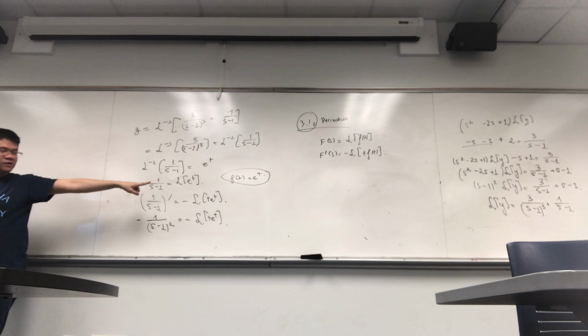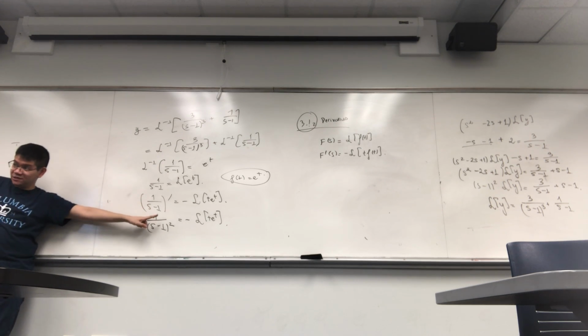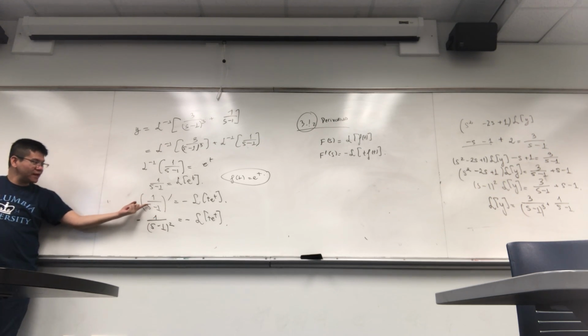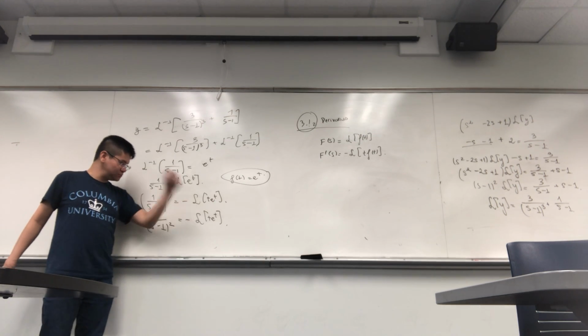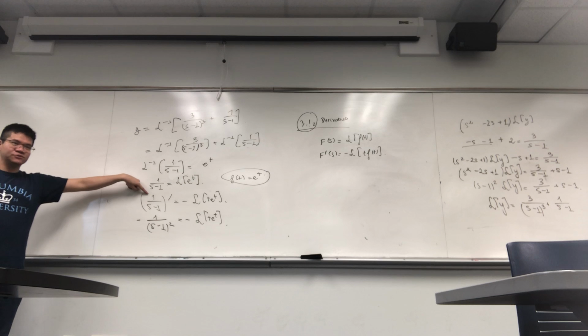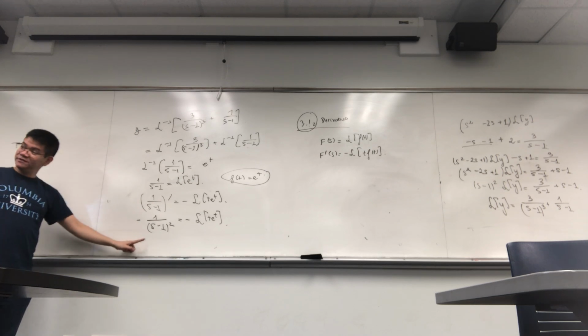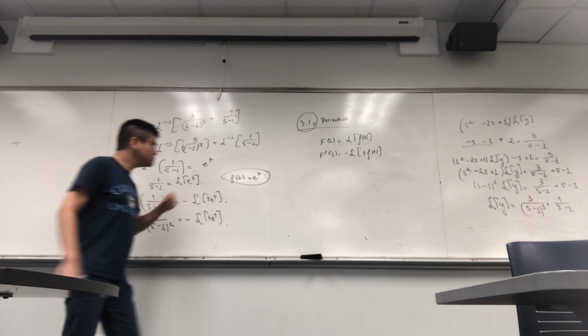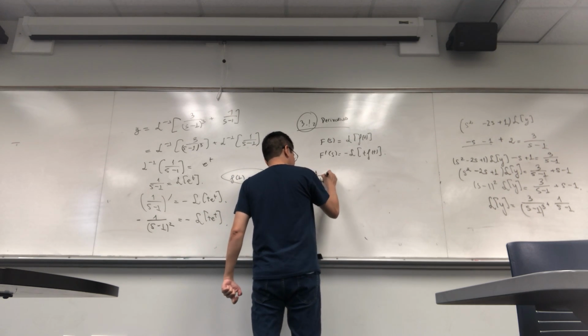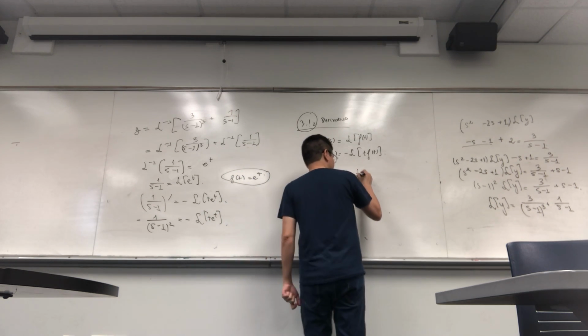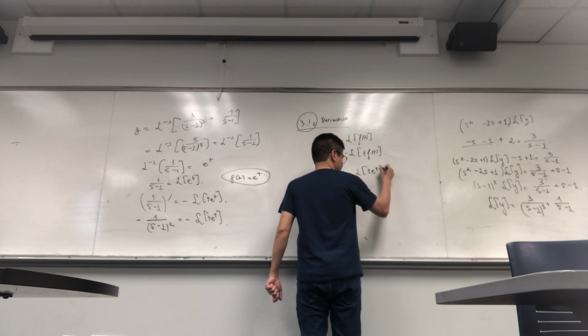I apply that formula for the function f(t) to be e to the t, so this derivative is minus 1 over (s minus 1) squared, which means that 1 over (s minus 1) squared is the Laplace transform of t e to the t.